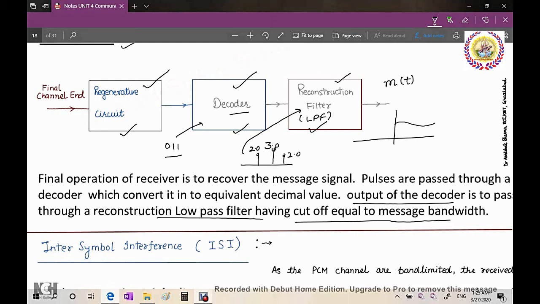Actually there is a little bit of difference, because of the quantization noise, m(t) is not exactly recovered. It is recovered as m cap(t), which is the nearest recovered signal by this PCM to the m(t). In general, for a single tone, you can easily recover this with the help of the reconstruction filter.